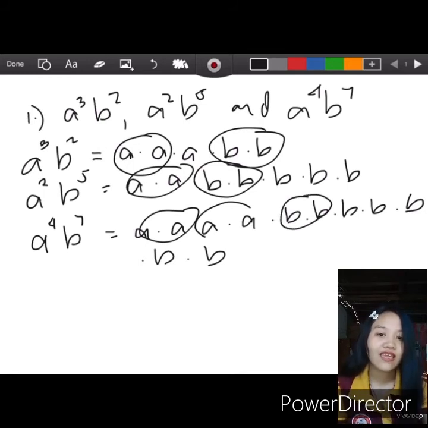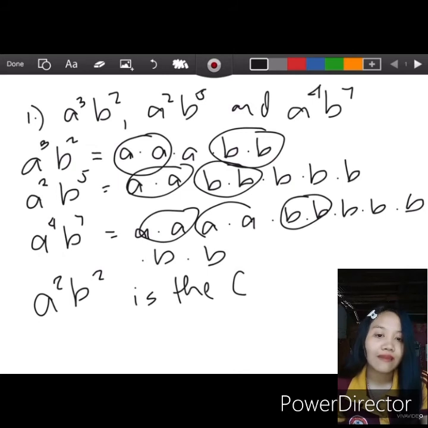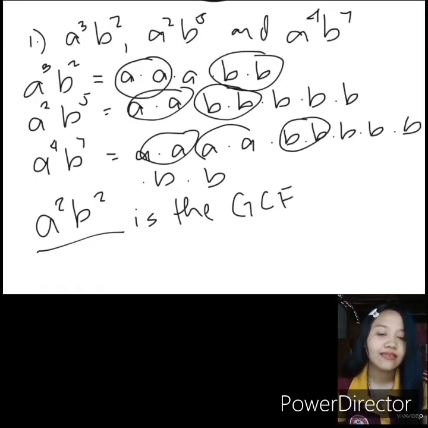And finally, for the third term, we have a times a times b times b, which is a squared times b squared. So, therefore, the common factor of these three terms is a squared times b squared.